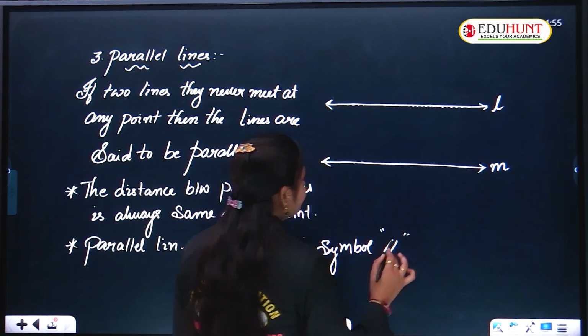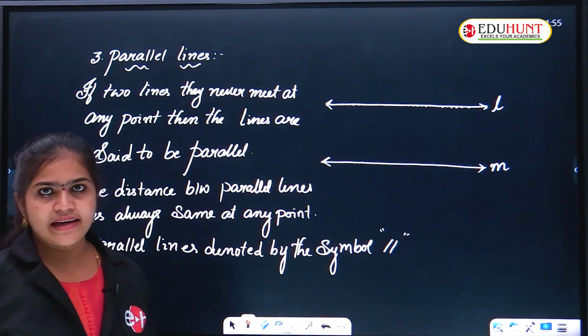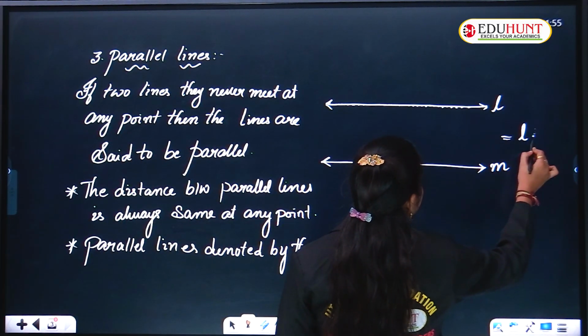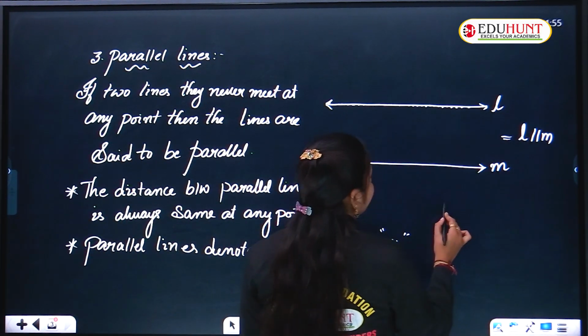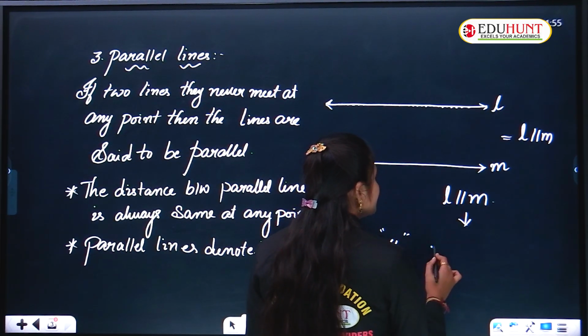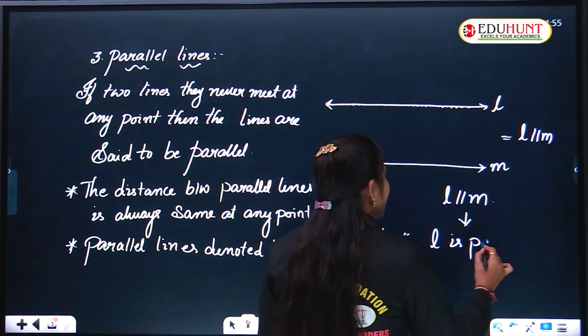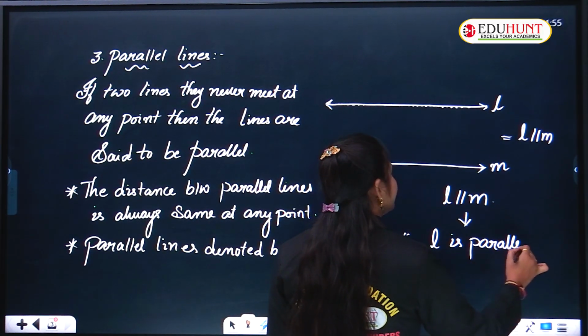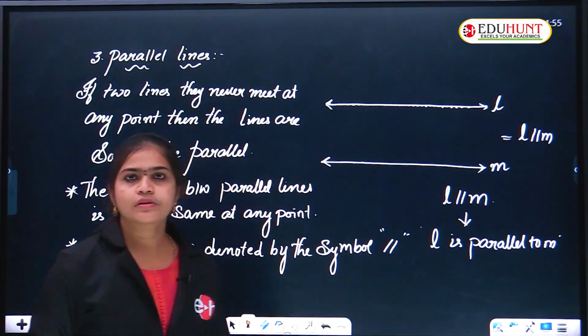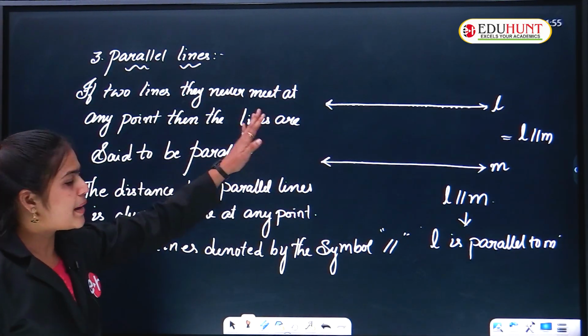Okay, this is the symbol for parallel lines. How can we represent these two lines, ma? Now here L is parallel to M. How can we write this? L is parallel to M. How can we read this? L is parallel to M.